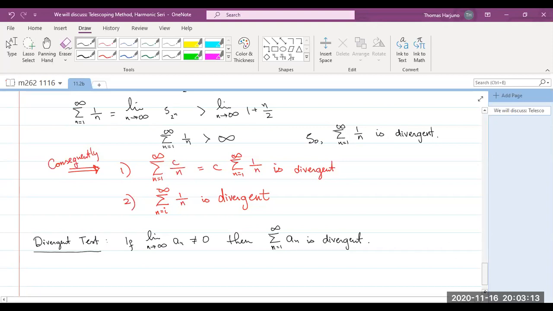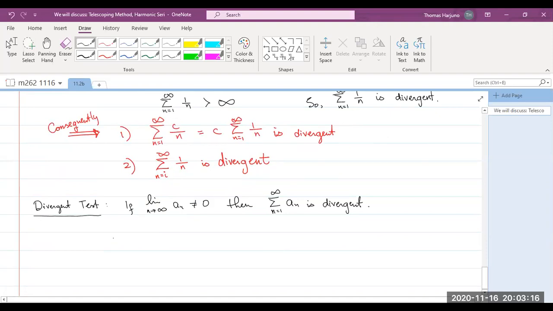Imagine this way. One of the reasons that the infinite sum is convergent is that the limit of the terms is 0.